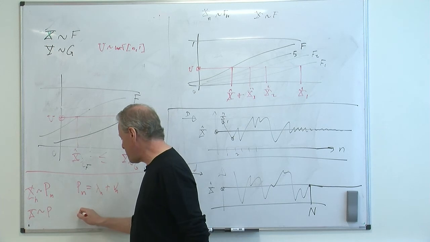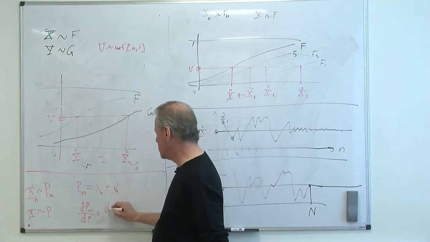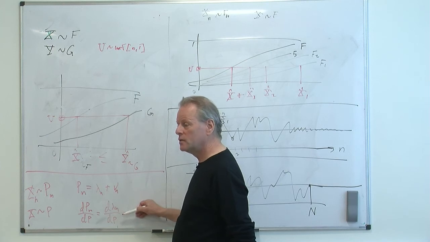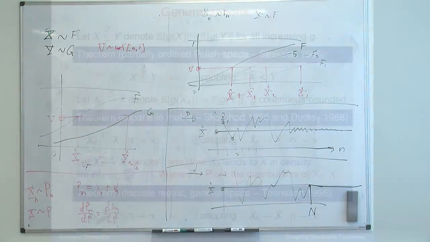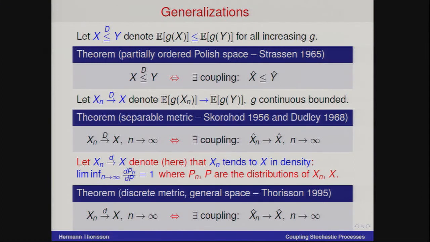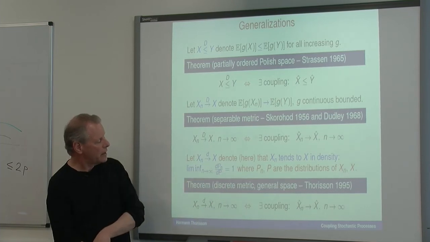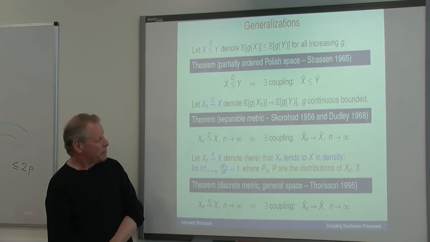And then dPn/dP is a sub-probability density. And the lim-inf is 1 almost everywhere P, means this.